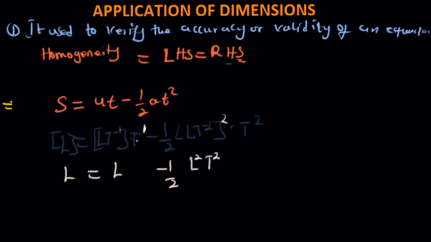Okay, so we have L here minus this, so you have 2, this is negative. Let's take note of it. Then we have our T squared.